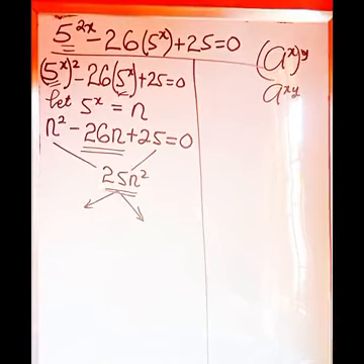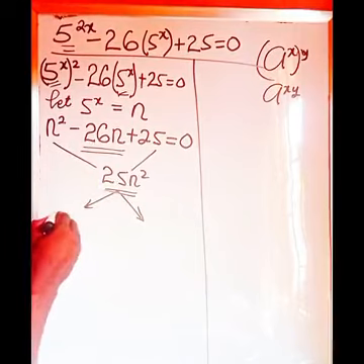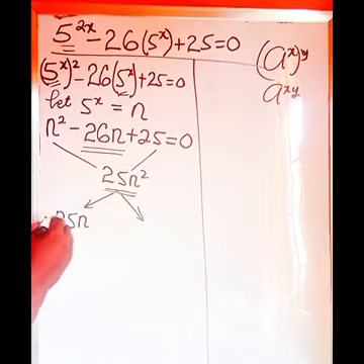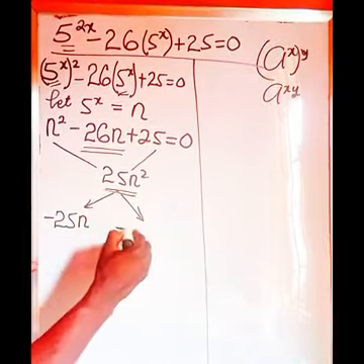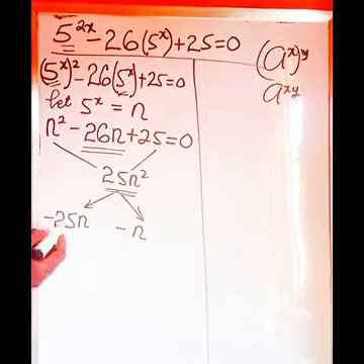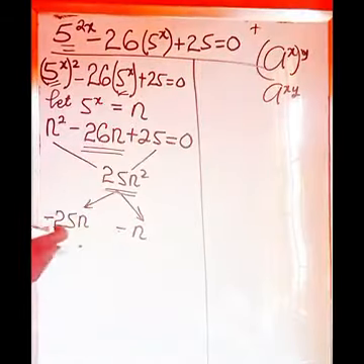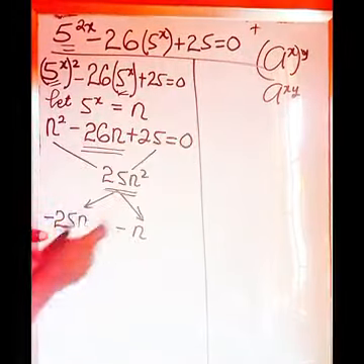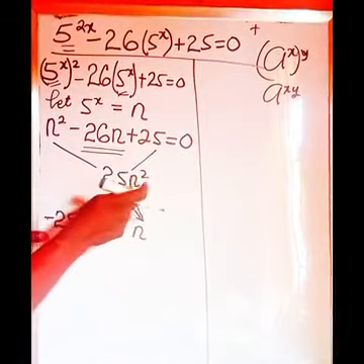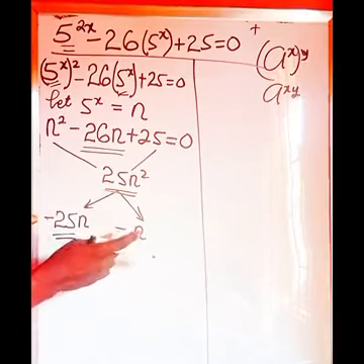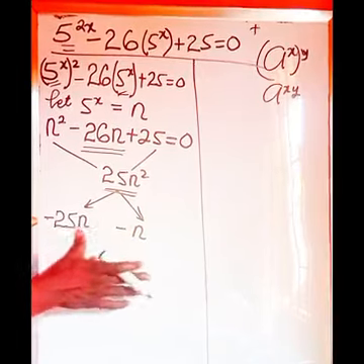Without much ado, the two terms are minus 25n and minus n, because minus times minus is plus. Minus 25n times minus n gives us 25n squared, and minus 25n plus minus n will give us minus 26n.